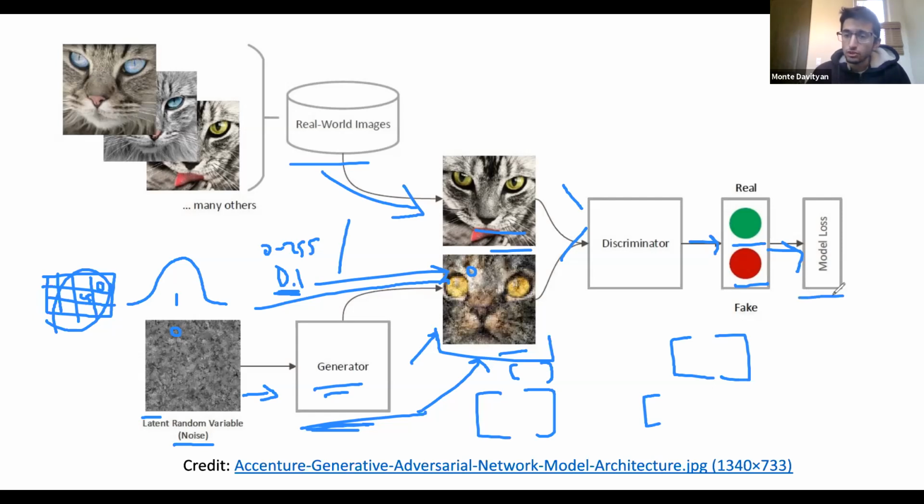The model's loss, which is what we get as an output and what we care about, is based on the discriminator. But the discriminator is based on the generator and the real images, the real data. And so we get a loss corresponding to what the generator did and what the discriminator did. And so they're competing against each other. The output is this model's loss, but it's a competition. The generator is trying to trick the discriminator.